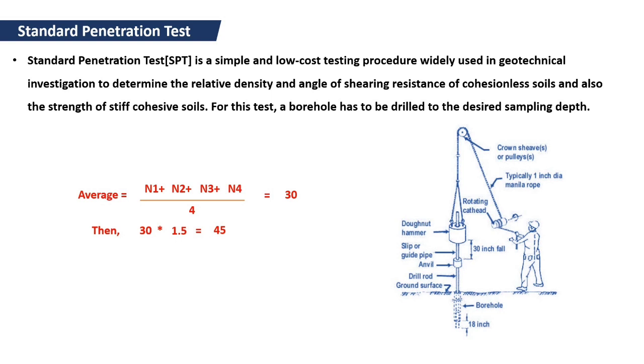Okay, but if there is any value which is greater than 45, then this becomes a problem. So we repeat this test. Okay, are you getting my point? So a new average will be taken. For example, N2 is 48. Okay, 48. So this 48 is greater than 45.